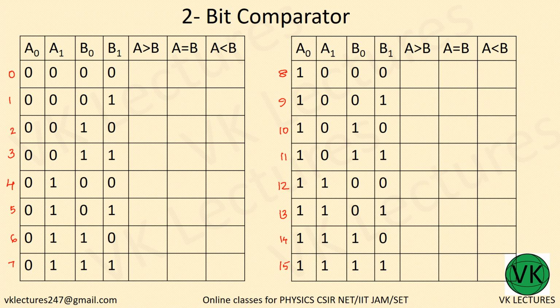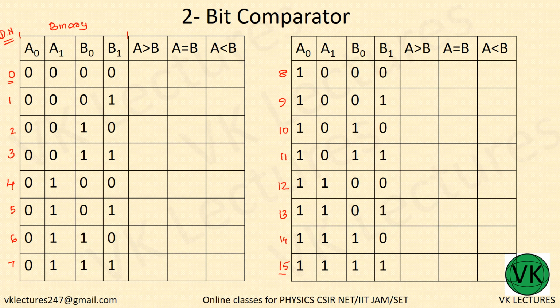See, this is the decimal number, and corresponding to this decimal number, these 4 bits represent the binary number. Okay, so 0 corresponds to 0, 0, 0, 0. 15 means 1, 1, 1, 1. 3 means 0, 0, 1, 1.